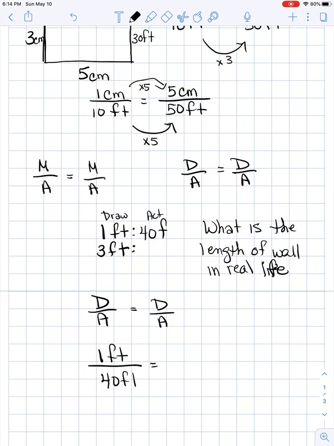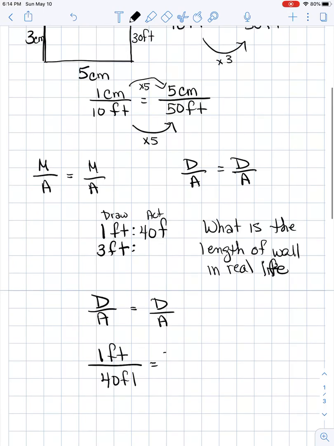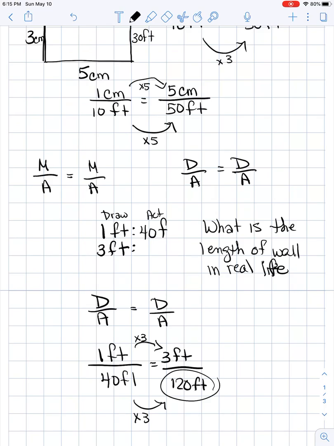And in our particular blueprint, the wall is 3 feet long, and they want to know this. So what are we going to do? 1 times 3. So we have to multiply 40 times 3, and that would be 120 feet. And so you can see that in real life, the wall would be 120 feet long.